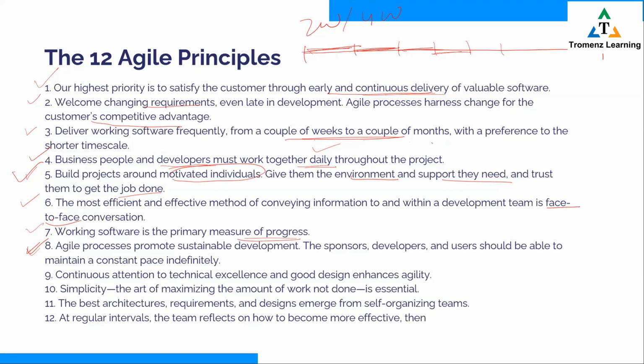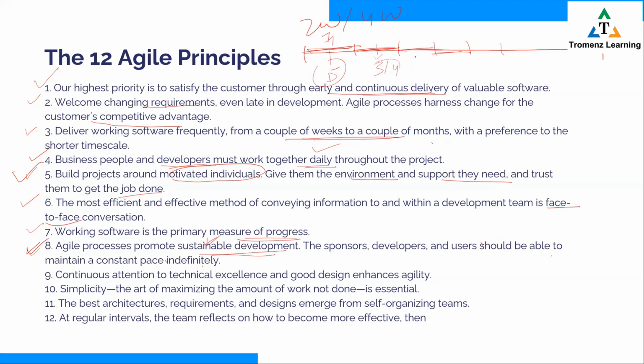Now, principle number 8: Agile processes promote sustainable development. Okay, what is that now? Sustainable development. So the sponsors, developers, and users should be able to maintain a constant pace. This is important. What should not happen is, say, in iteration 1 the team delivered a lot of features, say 15 features, and in the next one they're barely able to deliver, just 3 to 4 features.